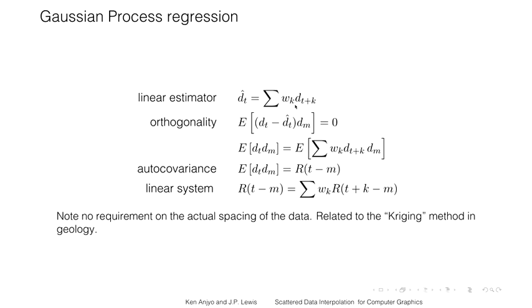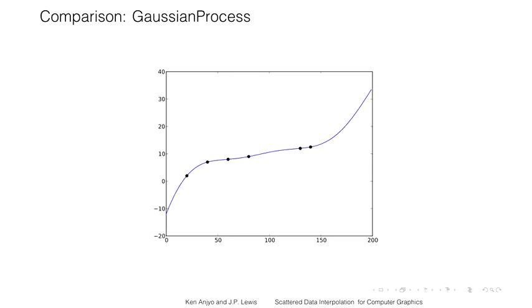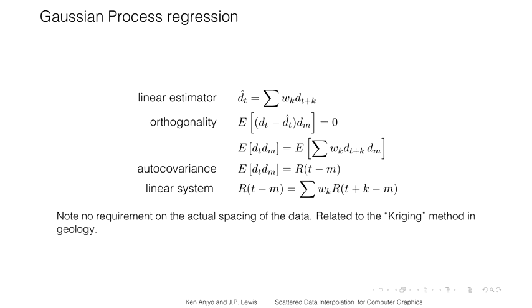So this is a lot like linear regression, but it's different in that in linear regression you have y is a weighted function of x, where here we have y is a weighted function of y. Y is a weighted function of y at other locations.